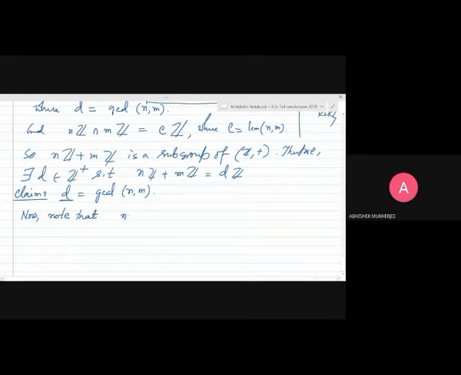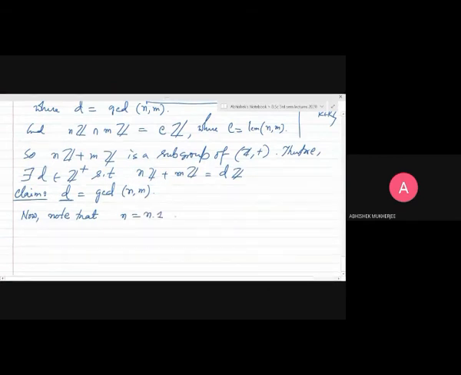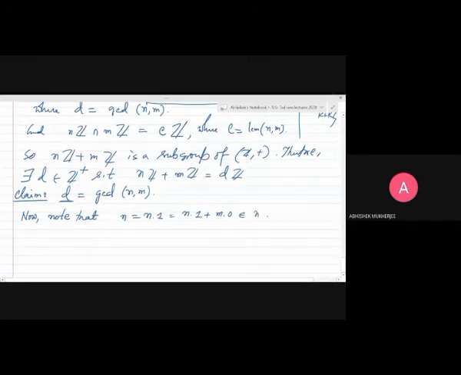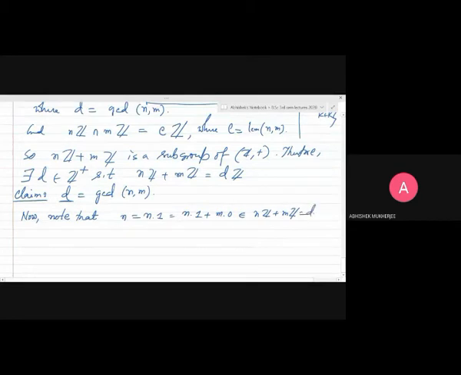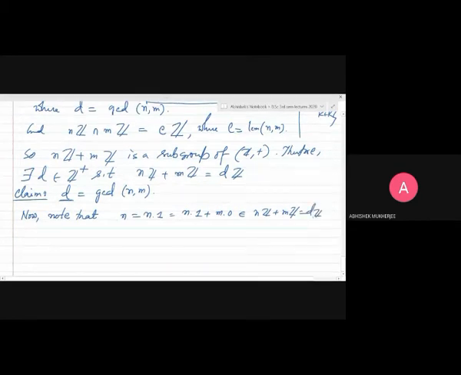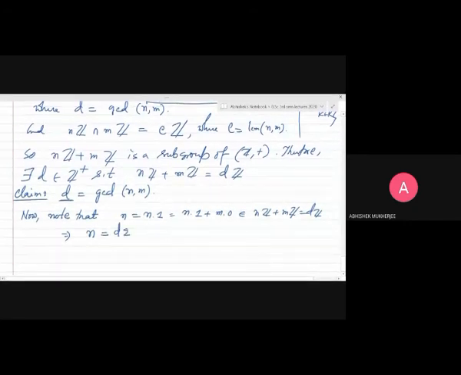Now note that n is equal to n1 plus m0. So it is in nZ plus mZ, but nZ plus mZ is dZ, right? So n is in dZ. That means n equals some dq.